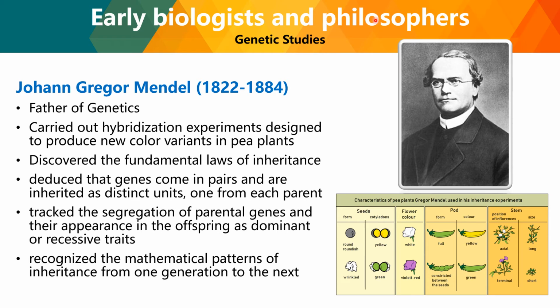So Mendel's work and his laws of inheritance were not appreciated in his time, but it was not until the 1900s, after the rediscovery of his laws, that his experimental results were actually understood. And he actually proposed the laws of inheritance.